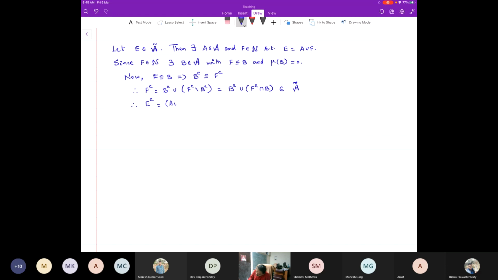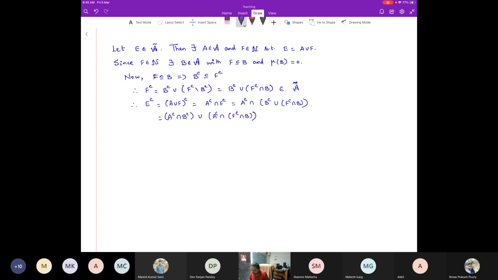A union F whole complement, which is A complement intersection with F complement, which is the same as A complement intersection with B complement union F complement intersection with B, which can also be written as A complement intersection B complement union with A complement intersection with F complement intersection B.